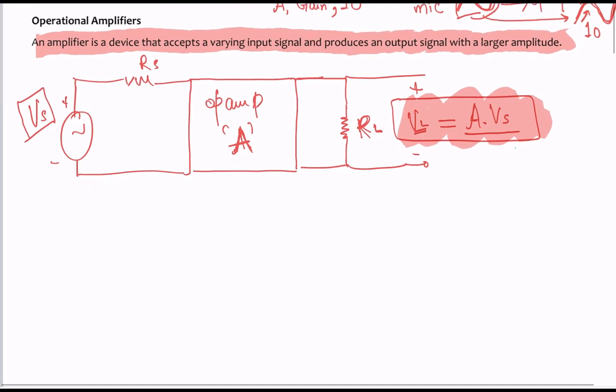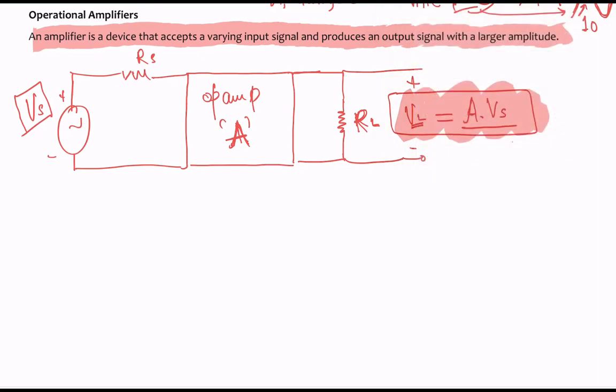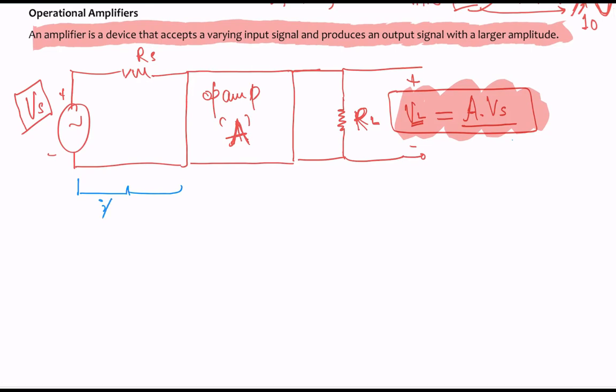Also notice in this block diagram, we can characterize it into three kinds of components. The first component is the input signal, or in other words, a source, correct?